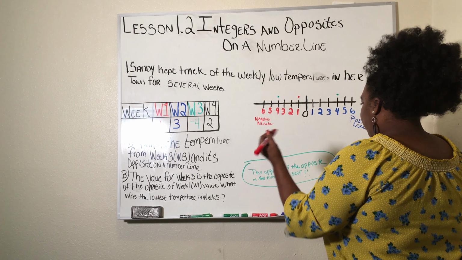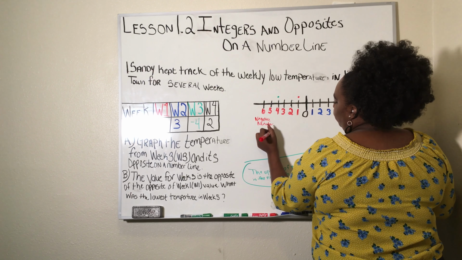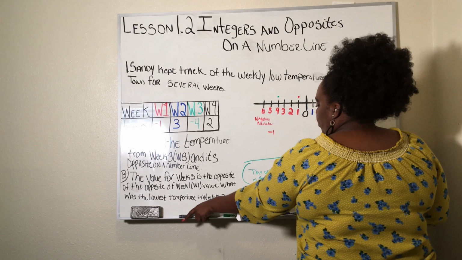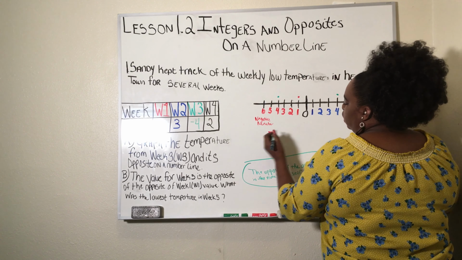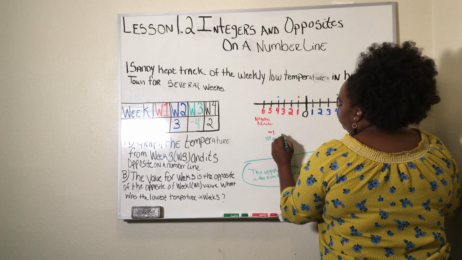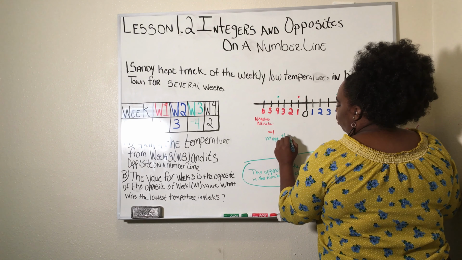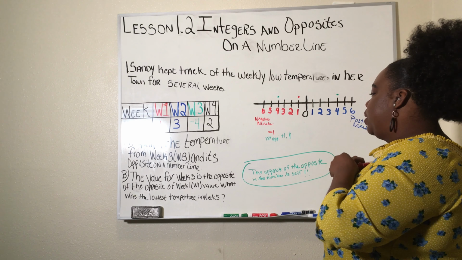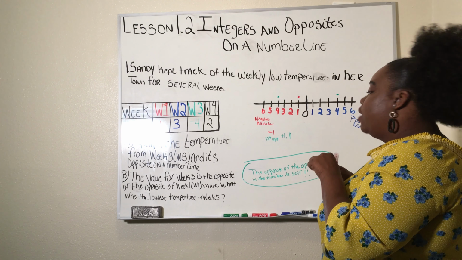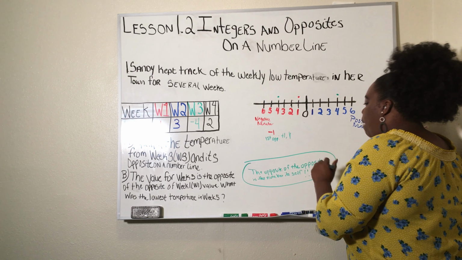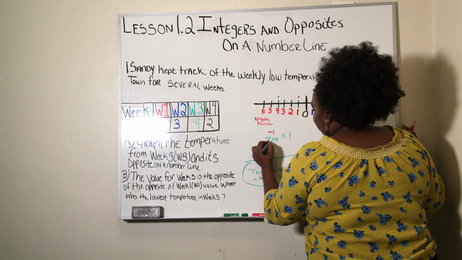Let's break it down like we did before. We have -1. Our first opposite would be what, class? If you said +1, you are correct. That would be the opposite of -1. Now we need to find the opposite of the opposite, and the opposite of the opposite is the number itself.